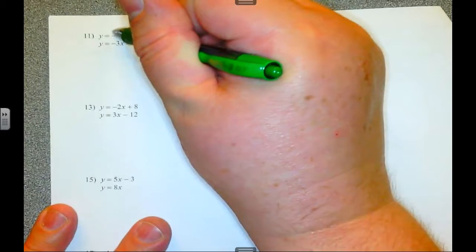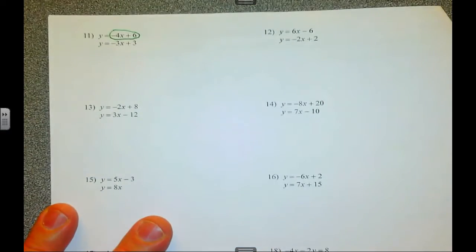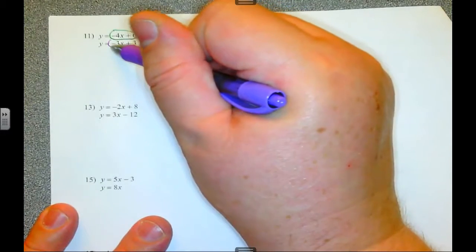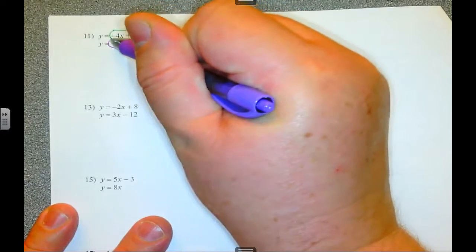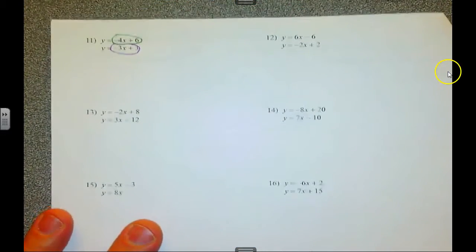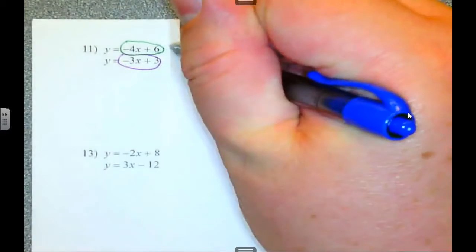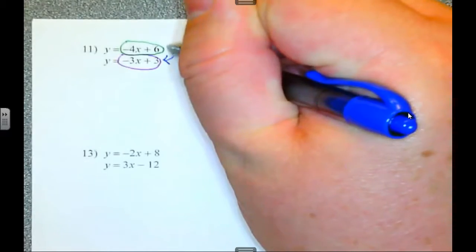For example, number 11, I have negative 4x plus 6 equals y. And then in the second one, I have y equals negative 3x plus 3. Since they both equal y, what am I going to do with them? That's right, set them equal to each other.